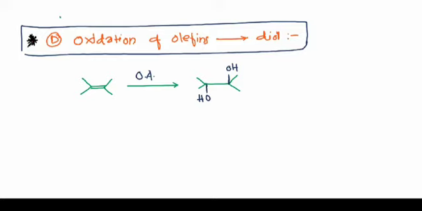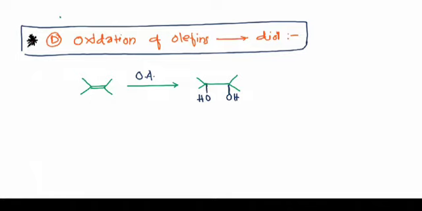Now there are two types of diols. This reaction is called dihydroxylation, where we are converting that olefin into the diol.